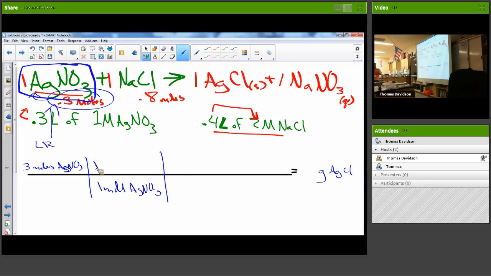Good. 1 mole AgCl. What goes on the bottom of the next one? One mole AgCl. And what goes up on the top? Grams. So 108 plus 35.5, 143.5, right?